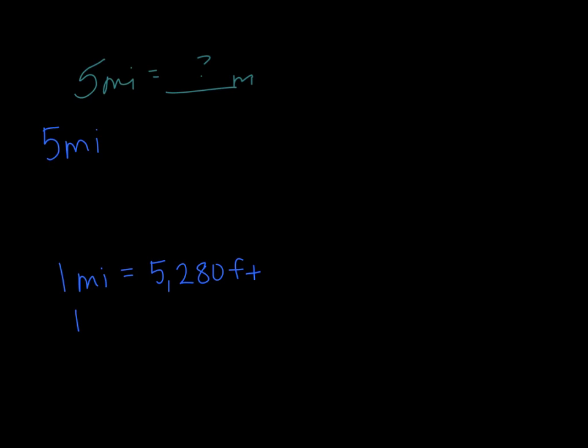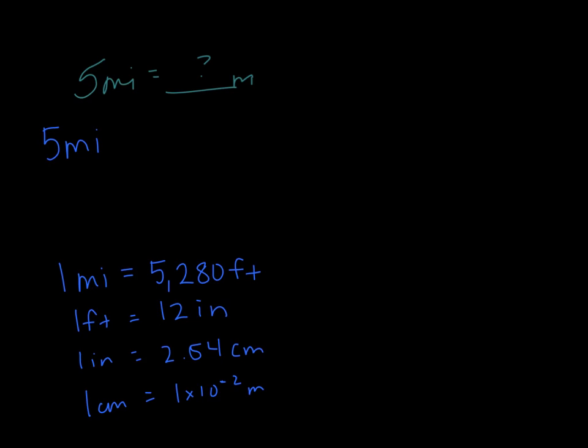And then I also know that 1 foot is equal to 12 inches. And then I also know that 1 inch is equal to 2.54 centimeters. And then last but not least, I know that 1 centimeter is equal to 1 times 10 to the negative 2 meters. Okay, we used that one on the last page. It's from the metric system.